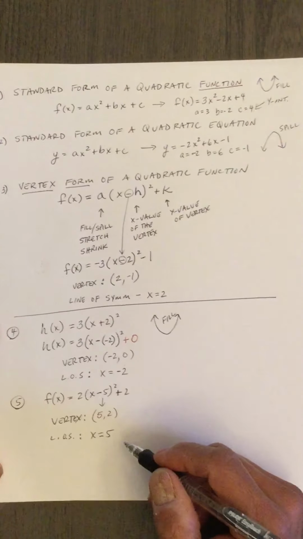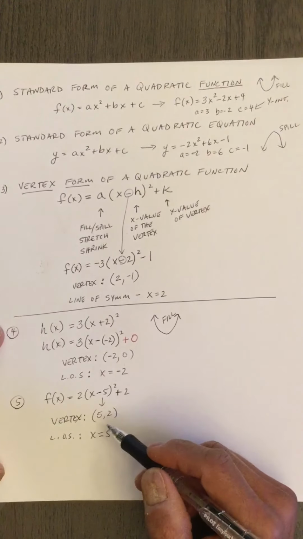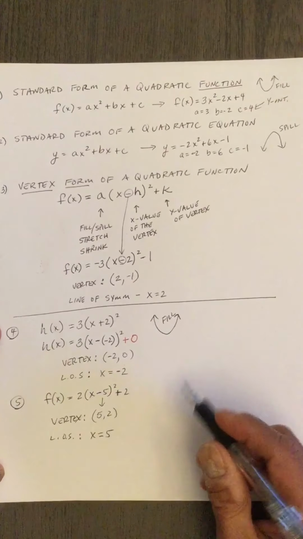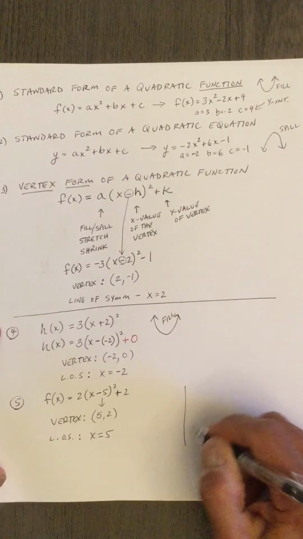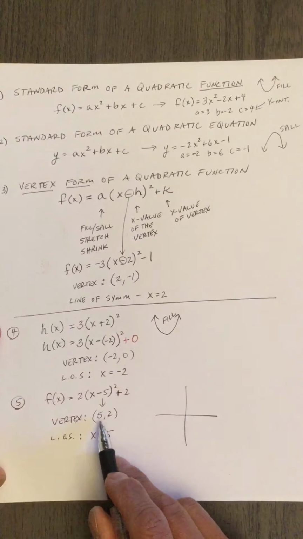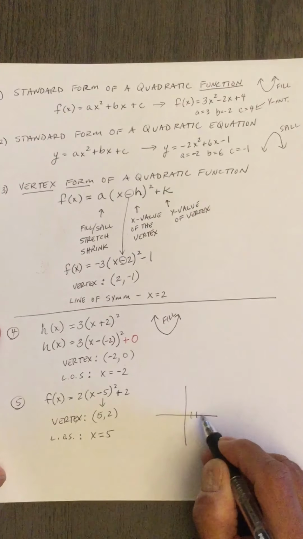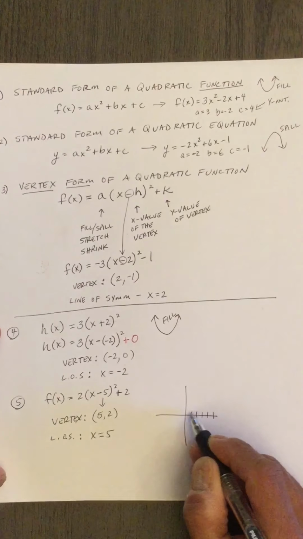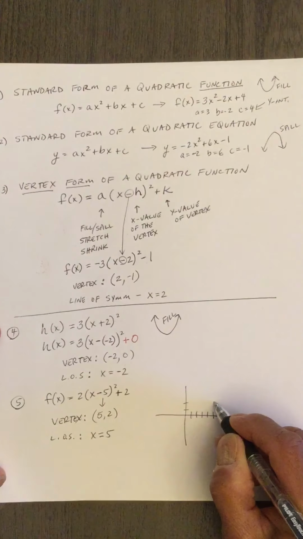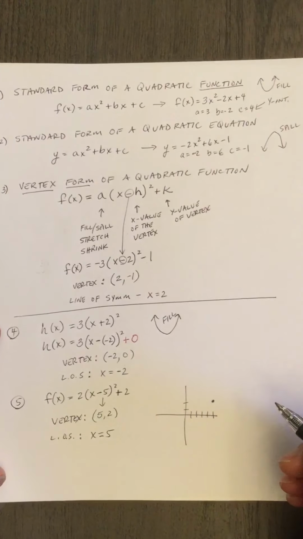Our next step is we're going to graph these. If I was just to make this really quick over here, my vertex is at (5, 2), so I would go over to the right 5, 1, 2, 3, 4, 5, and then I would go up 2, which would be right there, right?